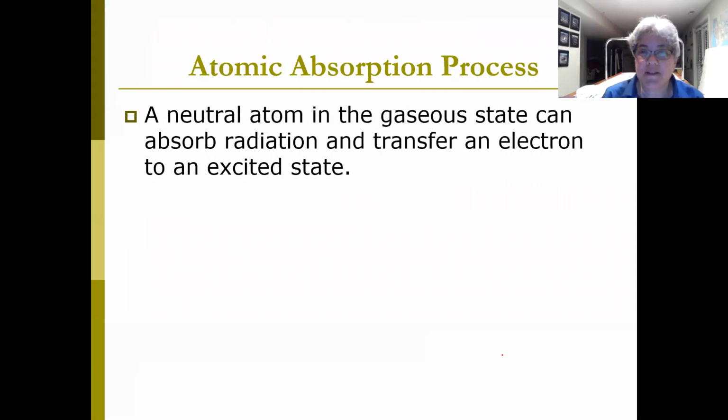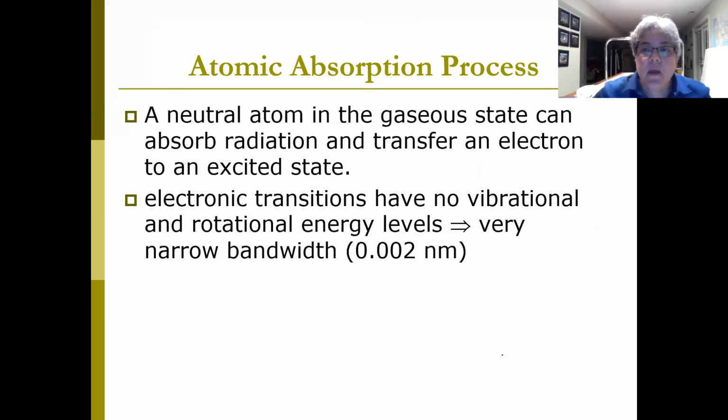Okay, so what's the process? We need to get the sample into the gas state as a neutral atom. That neutral atom can then absorb light, and then that electron is going to go to an excited state. As I already mentioned, these electronic transitions have no vibrations, no rotations.